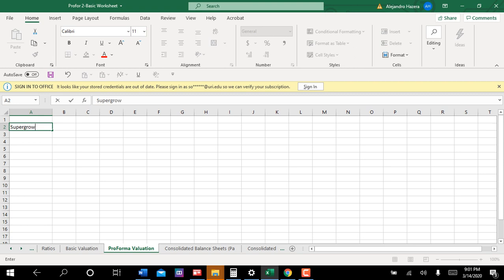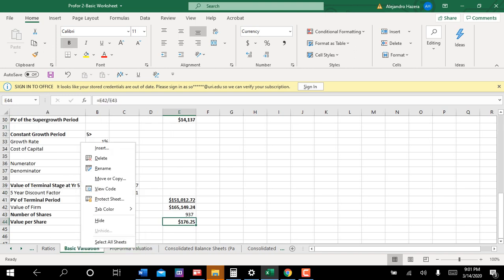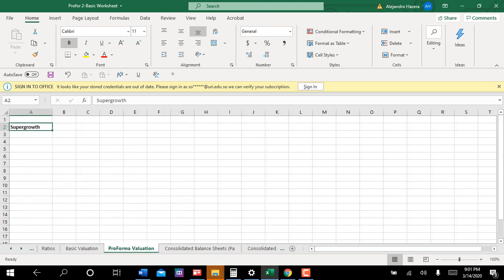We're repeating what we did with the basic valuation, using a two-stage model, but with more detail in it. The super growth stage is 5 years, like the basic valuation, and we're going to use the same growth rate.